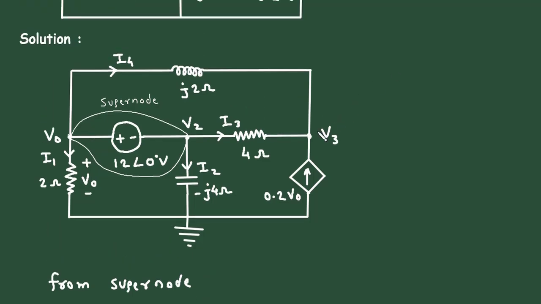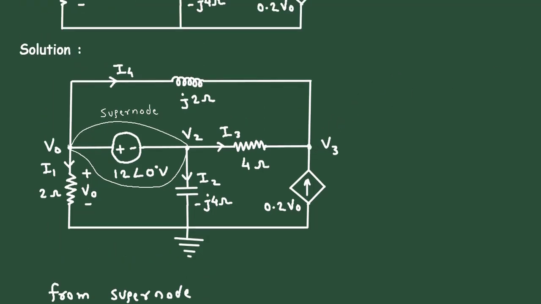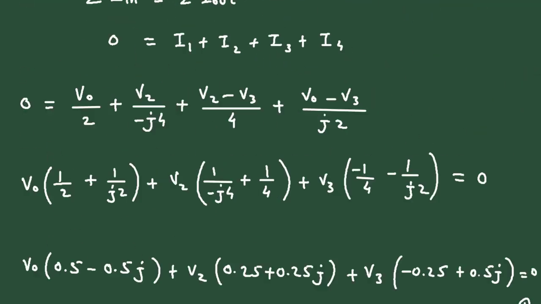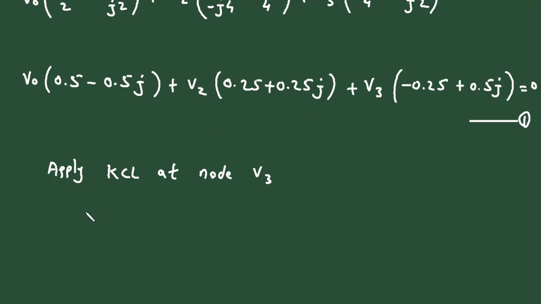Now next we will apply KCL at node V3. So again, according to Kirchhoff's current law, summation of all the currents entering a node is equal to summation of all the currents leaving the node.